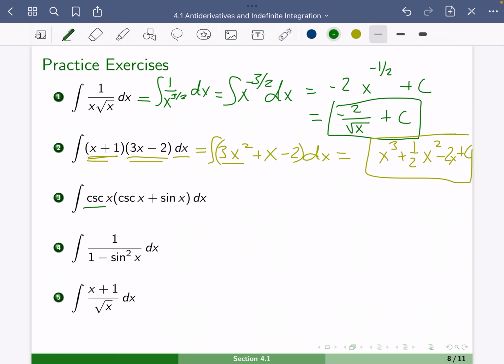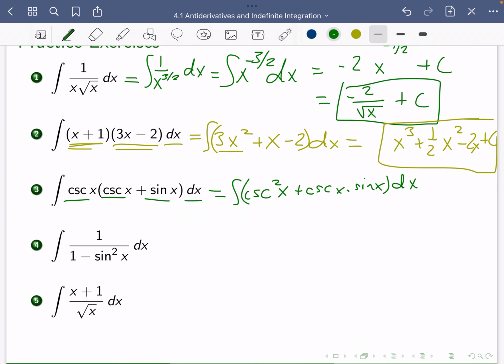Here we have cosecant x times cosecant x plus sine x dx. So if we were to FOIL that out first, or distribute that cosecant, we have the integral of cosecant squared x plus cosecant x times sine x dx.